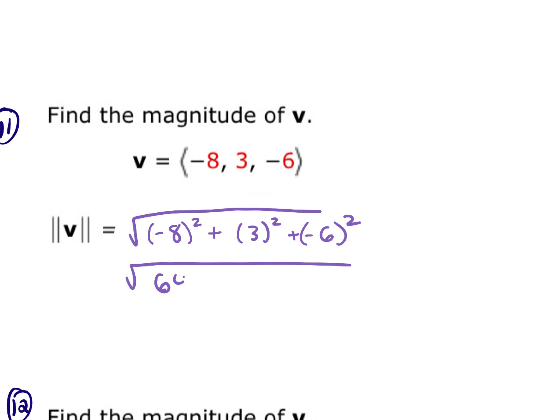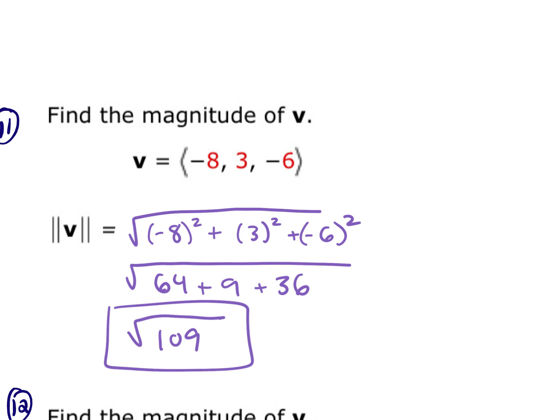So this will be 64 plus 9 plus 36. So the square root of 109. Can we simplify that? Nope. Remember, if you can simplify it, simplify it. If not, just leave it. Any questions here?